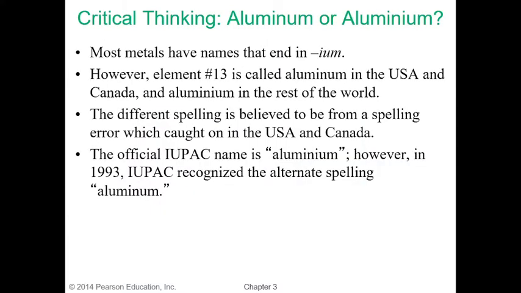So, there was a question before: what should really be the spelling of aluminum? There are two spellings, aluminum and aluminium. The most common names of our elements end in -ium, like plutonium, uranium. So, element number 13, we call it aluminum in the US and Canada, but the rest of the world calls it aluminium.